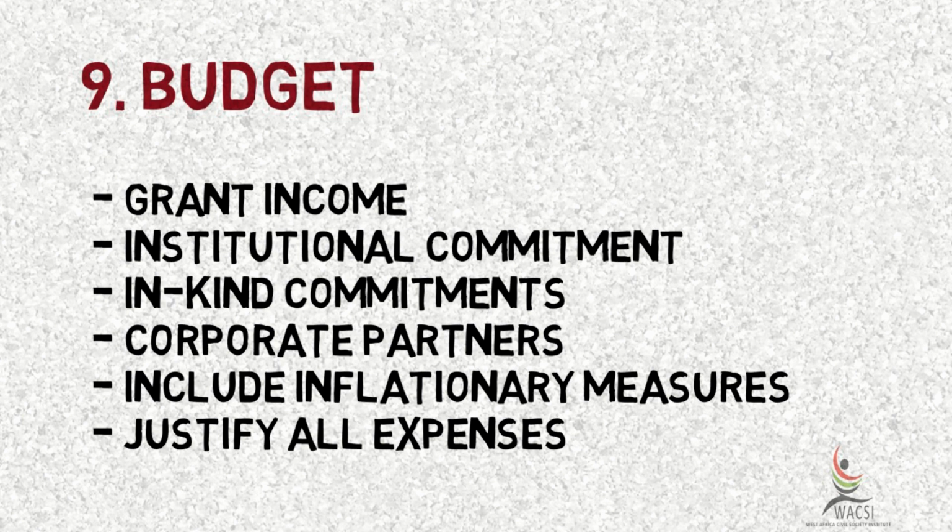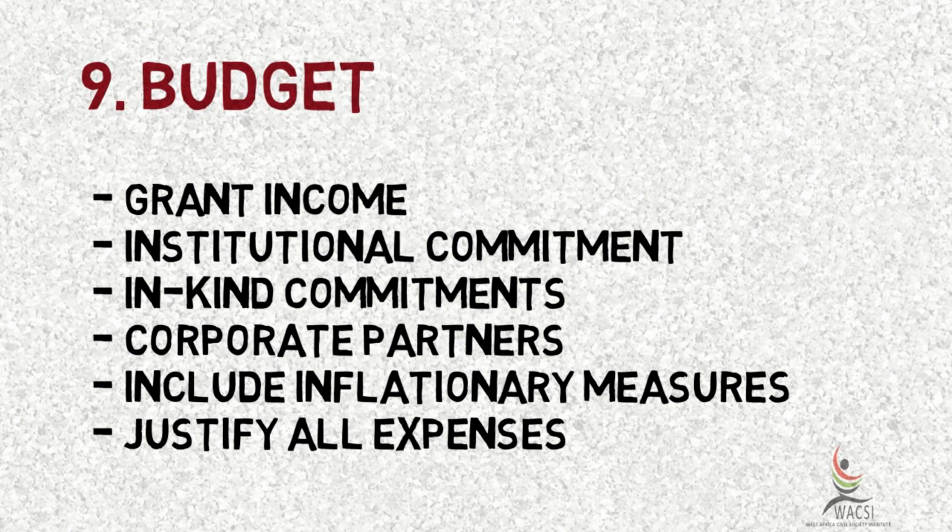And also remember to include inflationary measures when your project is over a long period of time in an environment where the economy is quite unstable. You need to put in inflationary measures, percentage increases to respond to the percentage increases in the living standards. And then, of course, you have to justify all your expenses.